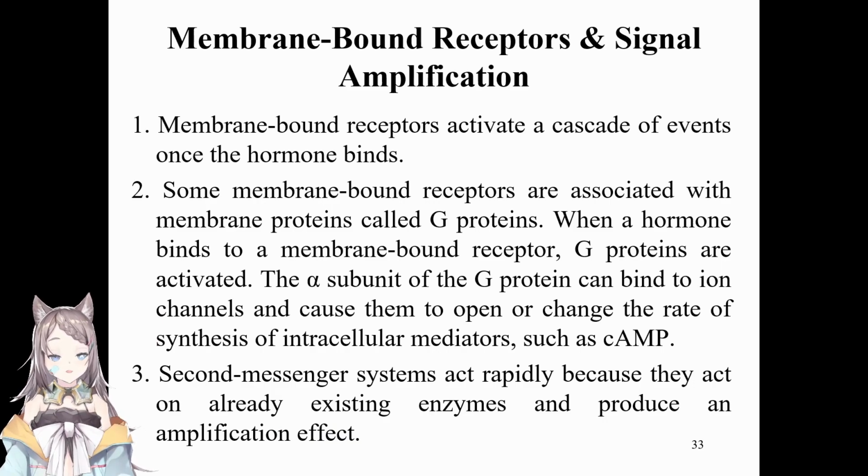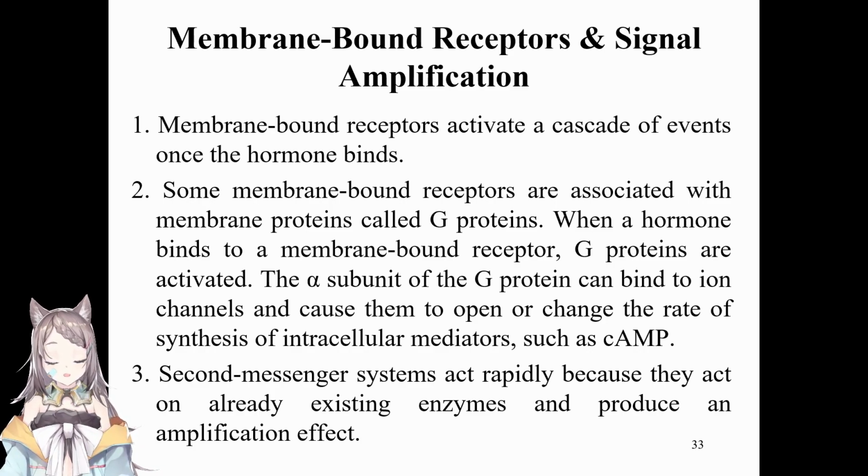Membrane-bound receptors, on the other hand, activate a cascade of events once the hormone binds. Some membrane-bound receptors are associated with membrane proteins called G proteins. When a hormone binds to a membrane-bound receptor, G proteins are activated. The alpha subunit of the G protein can bind to ion channels and cause them to open, or change the rate of synthesis of intracellular mediators like your cAMP.